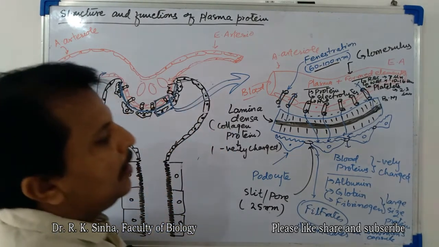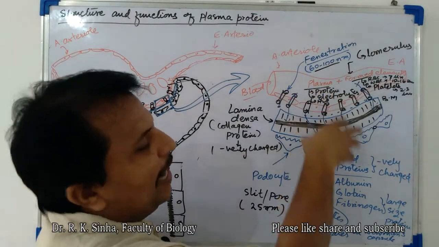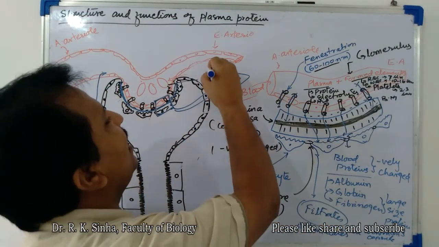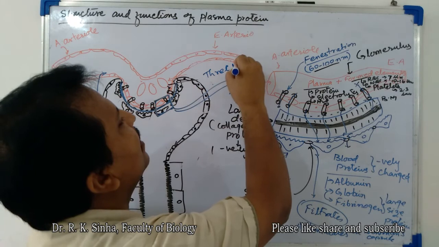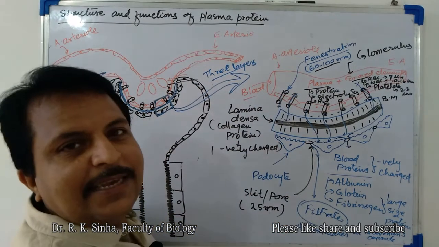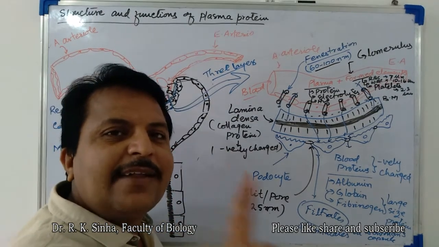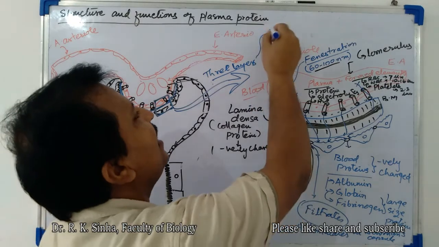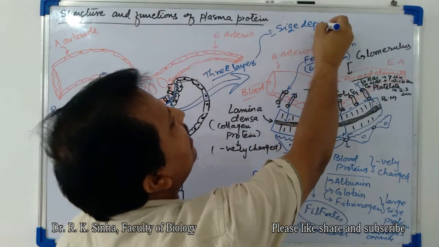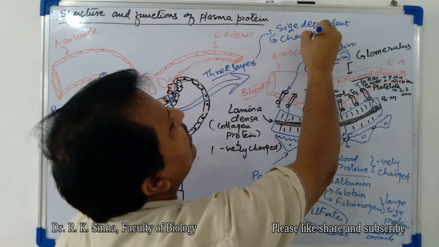So this is made up of 3 layers. Filtrates will pass through these 3 layers, and these 3 layers are size dependent and charge dependent.